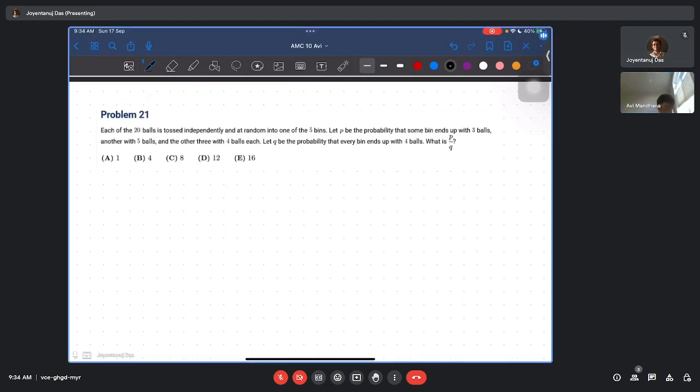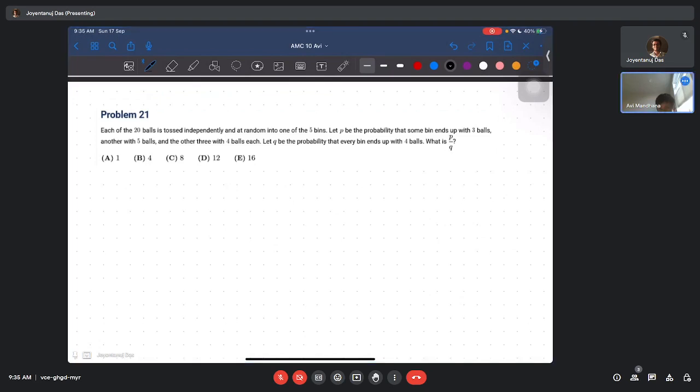So first, how many? We can choose three bins with four balls, right? Wouldn't P be equal to, I thought P would be equal to 3. No, P is not three.